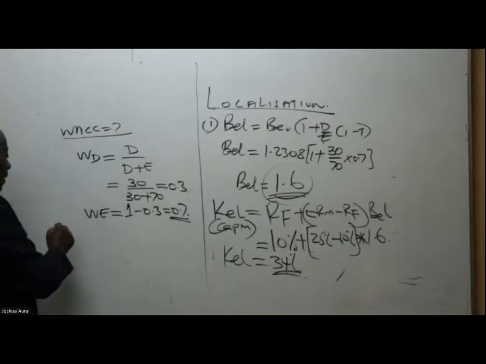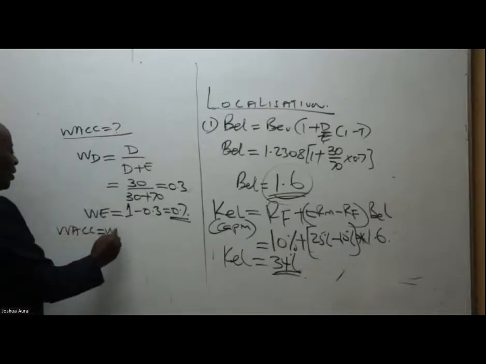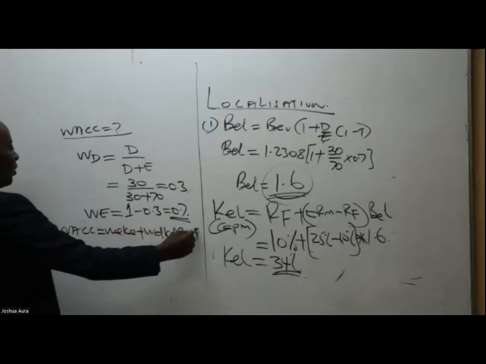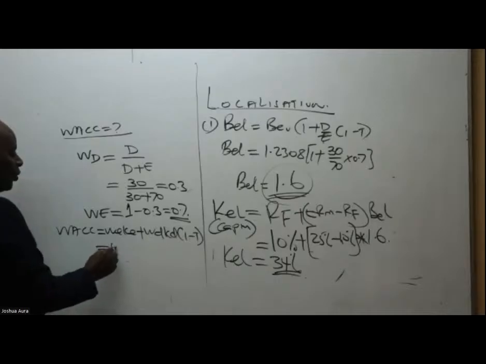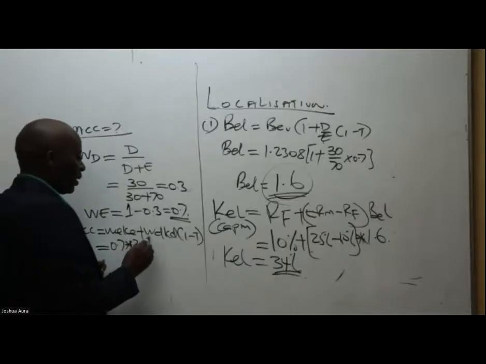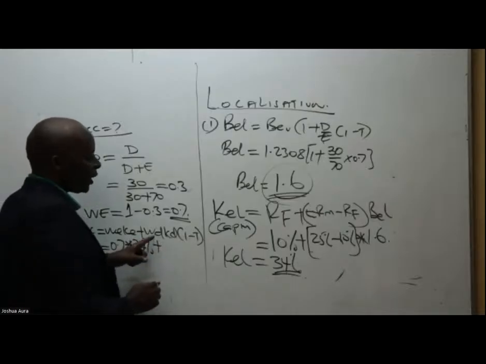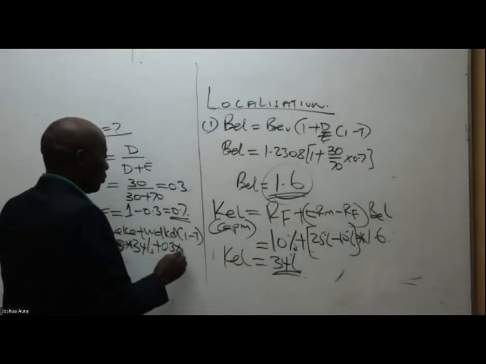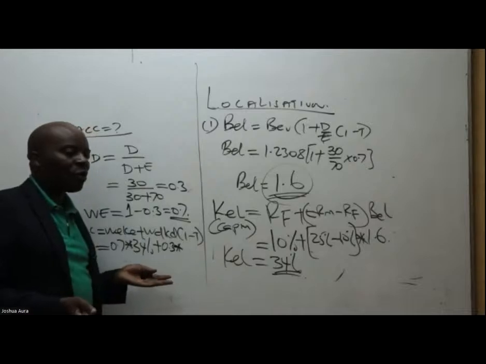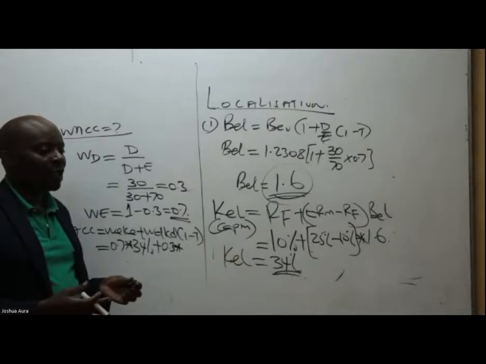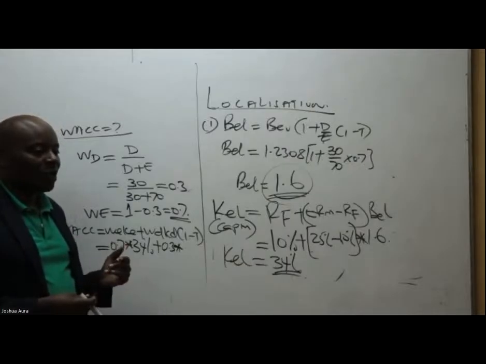So the WACC will be weight of equity times cost of equity, plus weight of debt times cost of debt times 1 minus tax. The weight of equity is 0.7. The cost of equity we already have as 34%, plus the weight of debt, which is 0.3. Has the cost of debt been given expressly, or do we work with risk-free, which is 10%?